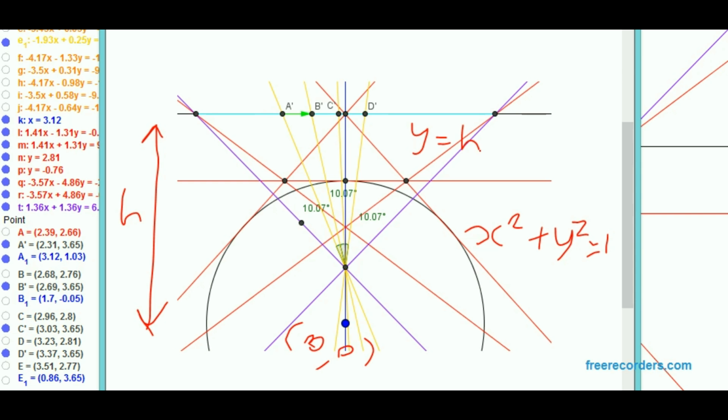And so what we'd find is that y would have to equal h, and x would have to equal the square root of 1 minus h squared.